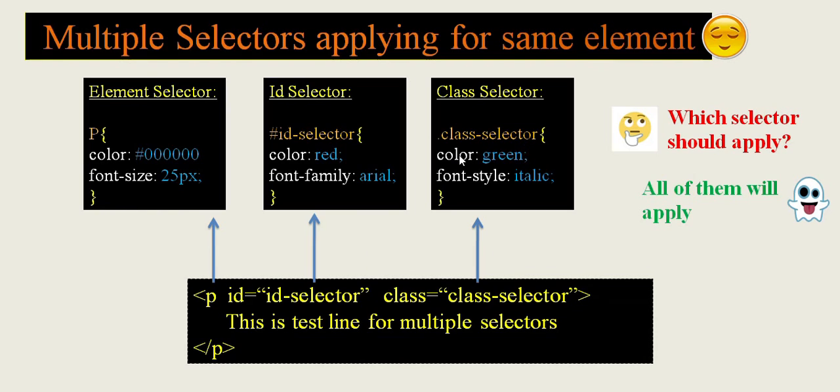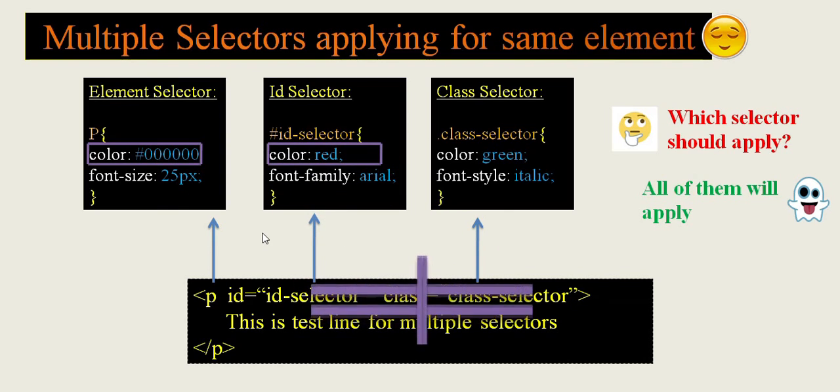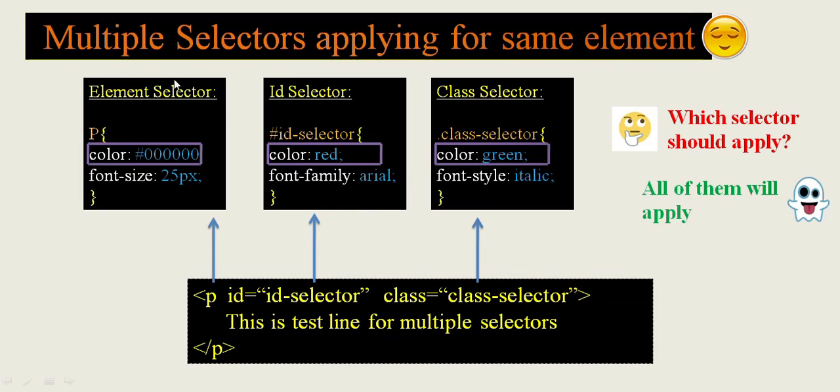The page will use all the properties given within the three selectors. And if you observe carefully, we have the color property in every selector. We have a common property within each and every selector.